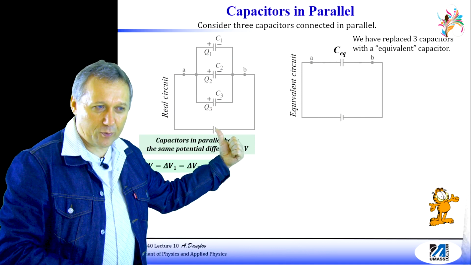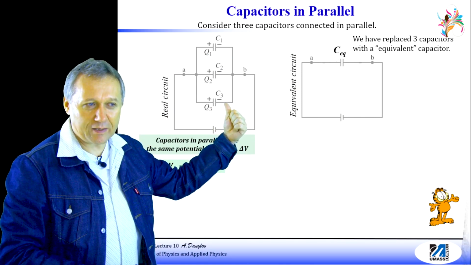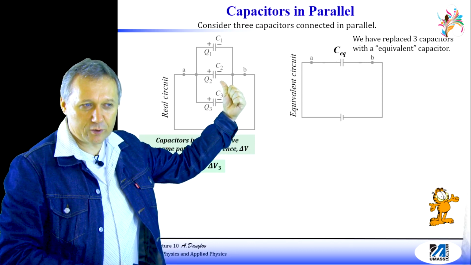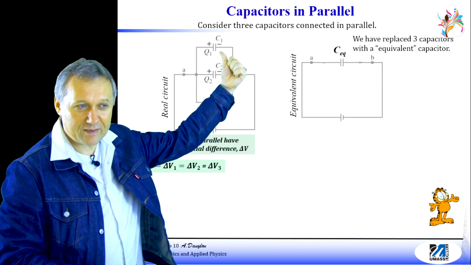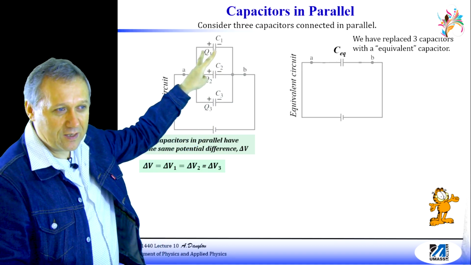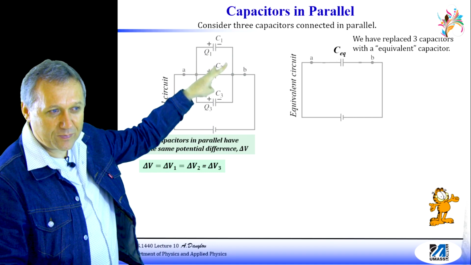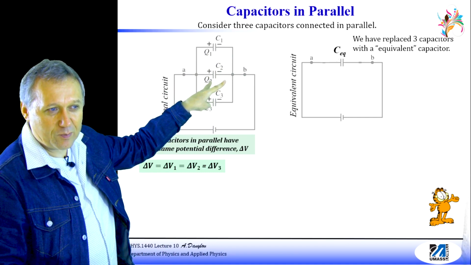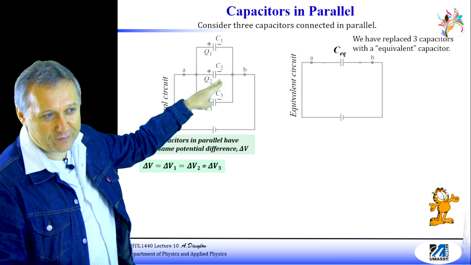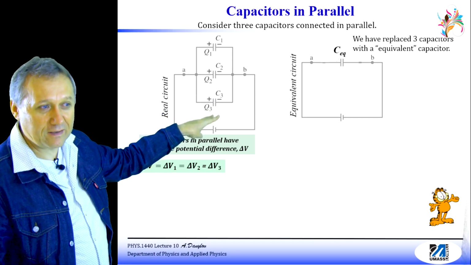Again, minus 4.5, then this electrode is also at minus 4.5, that electrode is also at minus 4.5, and that is at minus 4.5, right? So as a result, what's the potential difference? Plus 4.5 minus minus 4.5, 9 volts. Exactly the same story here. 9 volts. And here exactly the same. 9 volts, right?